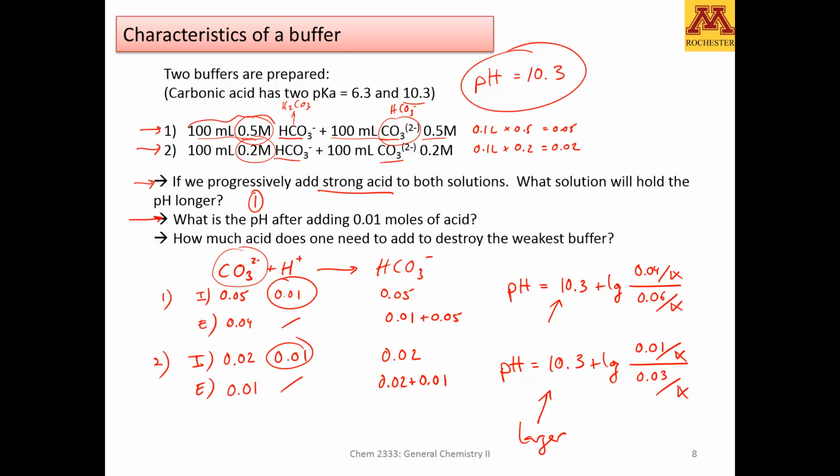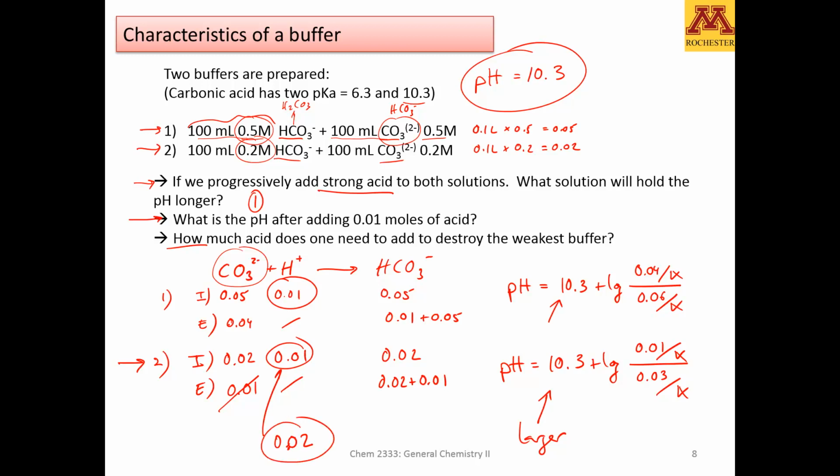Just to answer quickly, how much acid does one need to destroy the weakest buffer? Well, the weakest buffer is solution number 2, because it is the most dilute, the least concentrated. The moment you add 0.02 moles, you convert all the base into acid, and the buffer is destroyed.